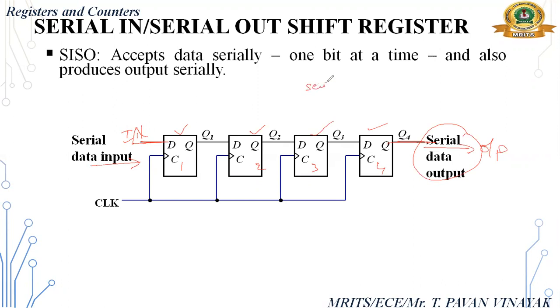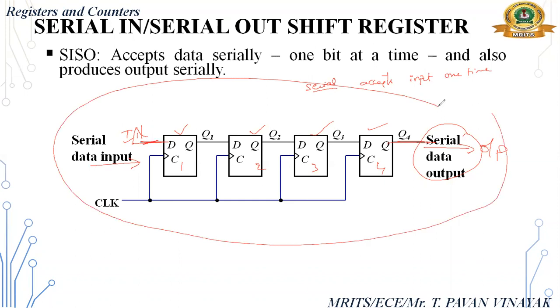At a time we are not giving multiple inputs. What is serial? Serial means it accepts input one bit at a time, for the entire register. There are no multiple inputs, only a single input and single output.